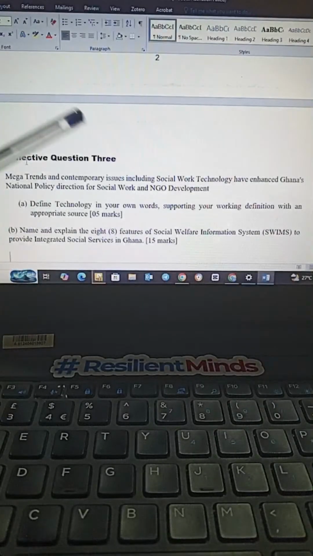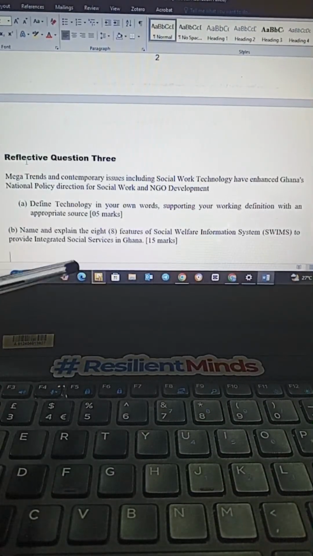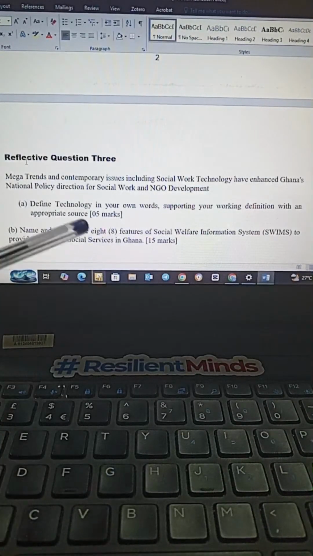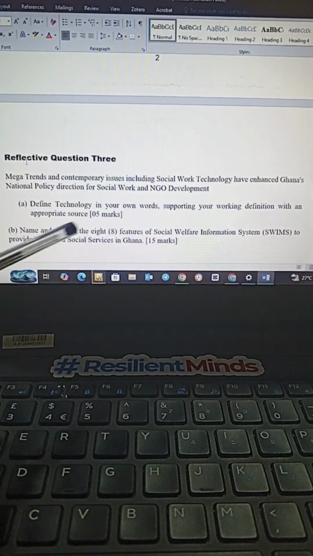It's a secure web-based case management information system. Yes, that line is very important. SWIMS is a secure and web-based case management information system, designed to help document, track, and report the provision of social welfare services across Ghana.